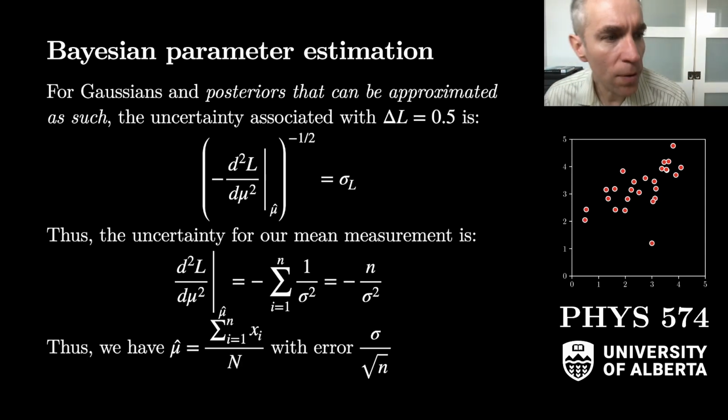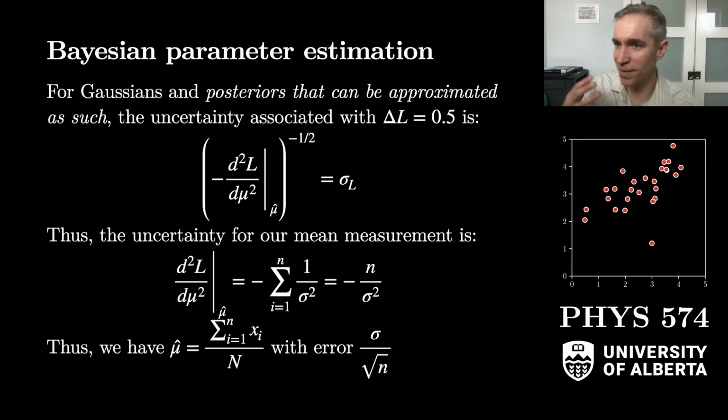Now, for Gaussians and those posteriors that can be well approximated as such, we use this uncertainty framework, where delta L is 0.5, to determine the error in our estimate. We can determine that from this Gaussian-like function, where the log likelihood is like an inverted parabola.